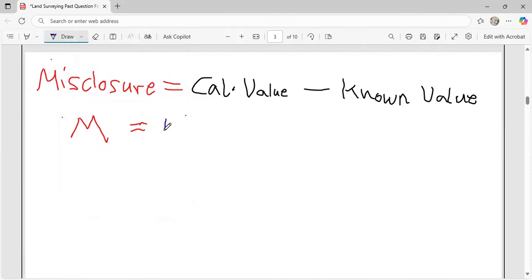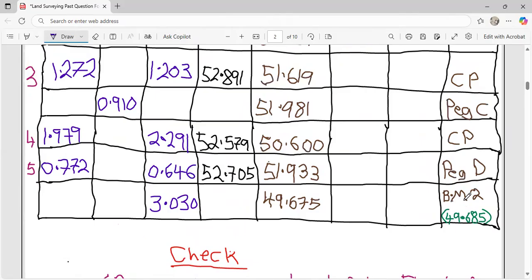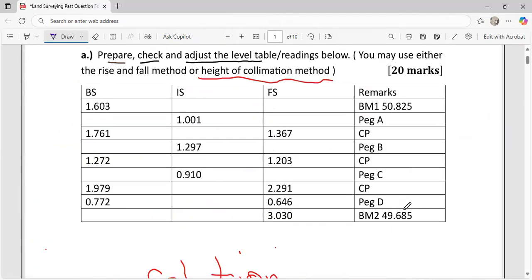That is 49.675 minus, and the known value we knew was what? It is in the question. This is it over here. Take note that it is just this one. The BM2 is just a calibration and it's not supposed to confuse you. Don't mistake that for 249 point what?